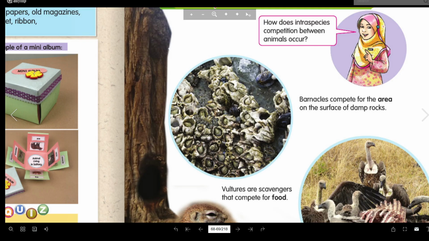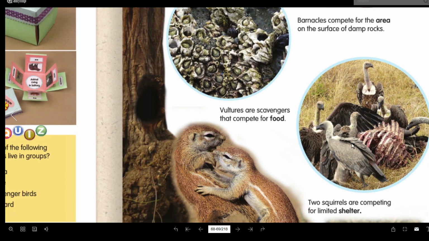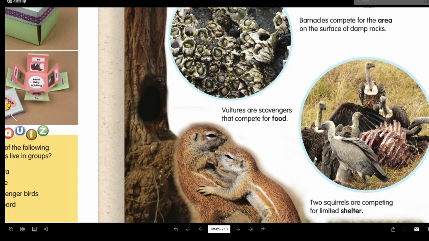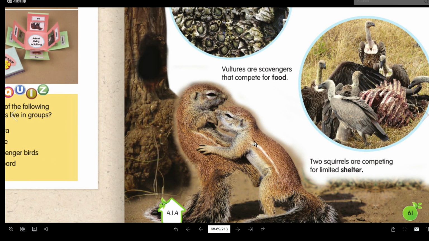So they are competing with each other, same species, right? Here you can see vultures, they are scavengers, so they are competing for food with each other, again same species. Two squirrels competing for limited shelters, right?